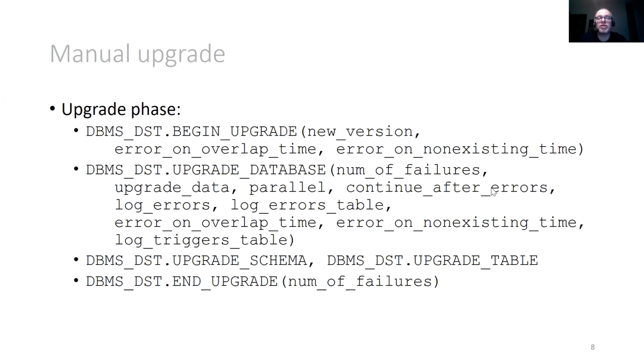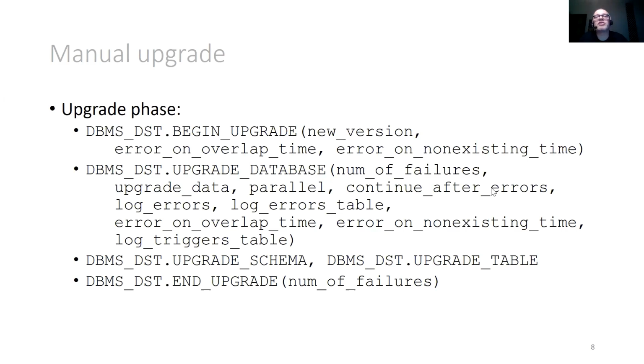By default, it's called DST$TRIGGER_TABLE. You should check this table. If there are any rows, you may want to actually enable those triggers manually so that your business processes work properly after the upgrade.